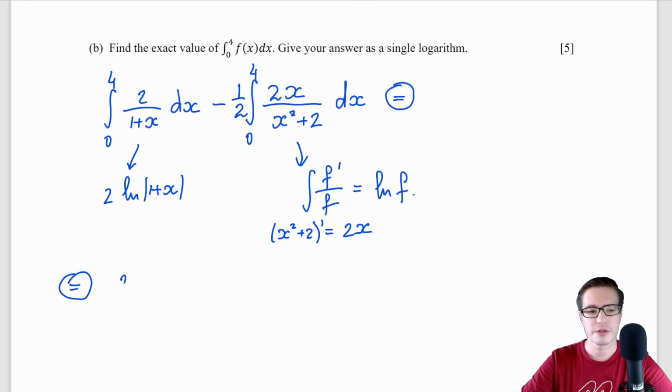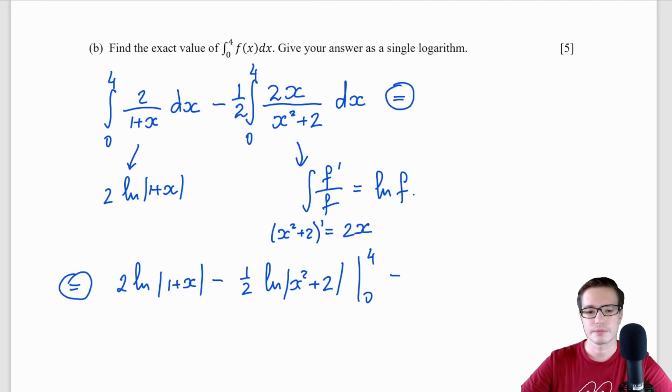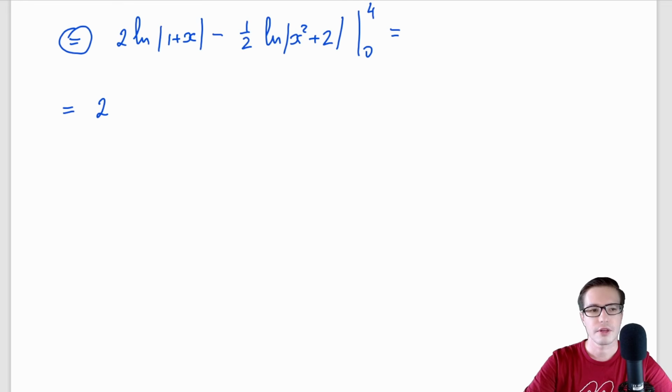So all in all, we got 2 times natural log 1 plus x minus a half natural log x squared plus 2. And the limits are from 0 to 4. So we got 2 times natural log 5 minus 1 over 2 natural log 18.